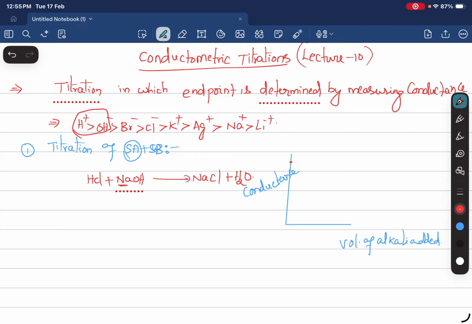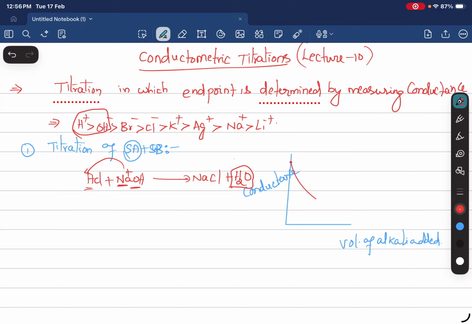Over this process, Na+ replaces H+, and that H+ combines with OH- making the weak electrolyte H2O. Na+ has a lower conductance value compared to H+, so the conductance slowly decreases like this.